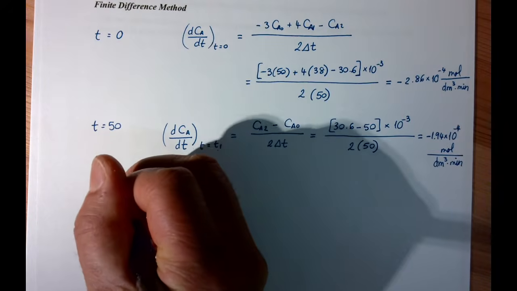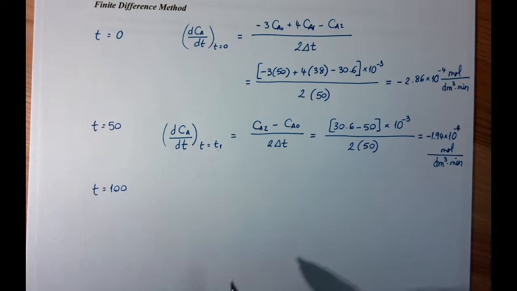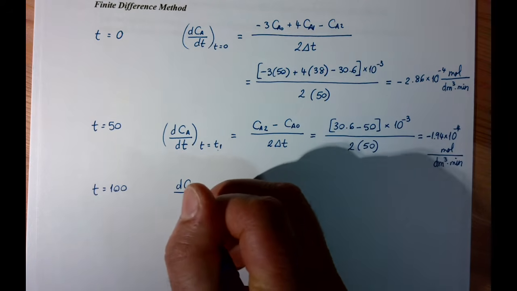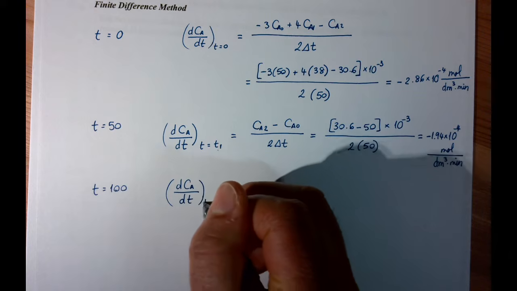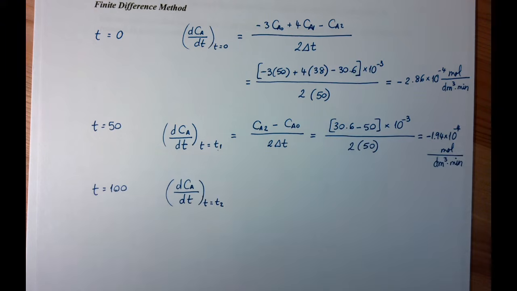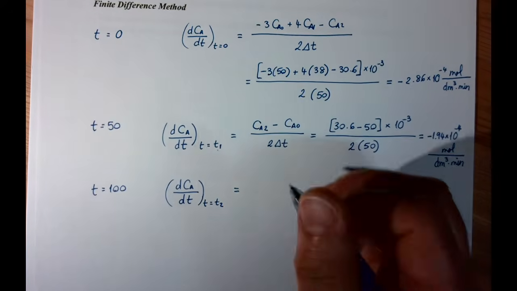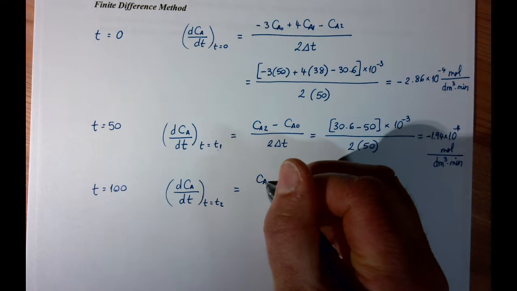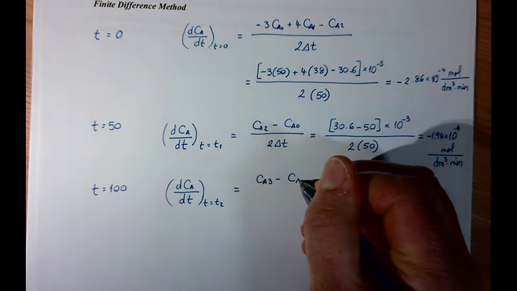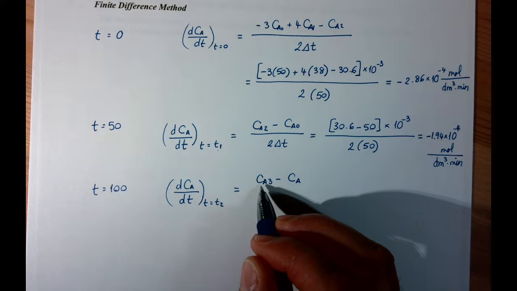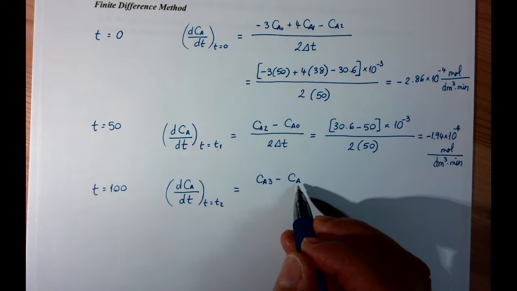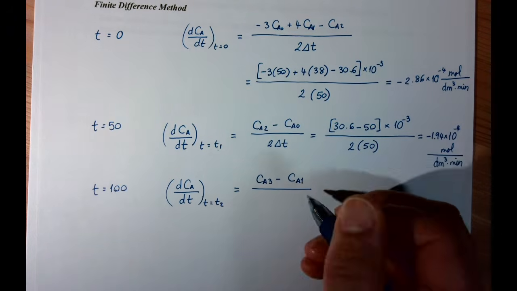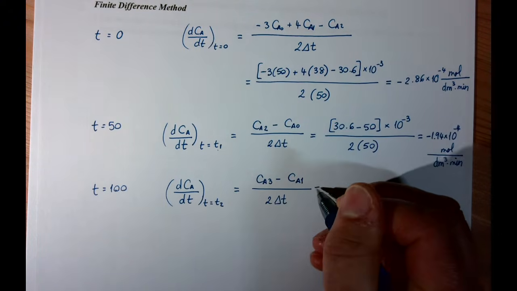For time 100, still an intermediate point, so I'm going to use the same equation, but now for different points. At time 2, which is 100 minutes, I'd have the concentration of the point after point 2 minus the concentration of the point before point 2. That's CA1, divided by 2 delta t.